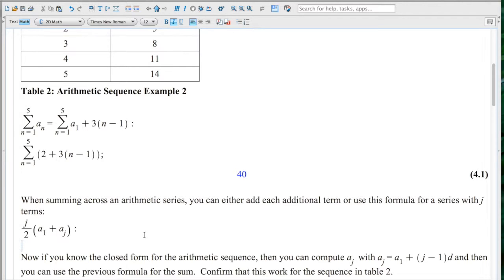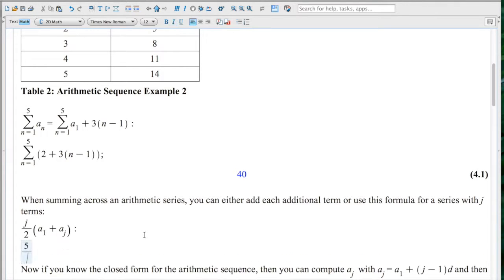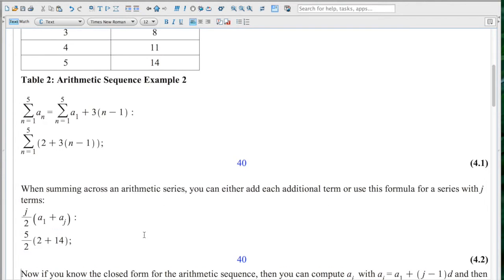we start with, well, the number of terms is 5. I'm going to divide that by 2. I'm going to multiply that by the first term, which was 2, plus our last term, which was 14. And Maple tells us, yes, so this is 40. So this is a handy equation to remember.